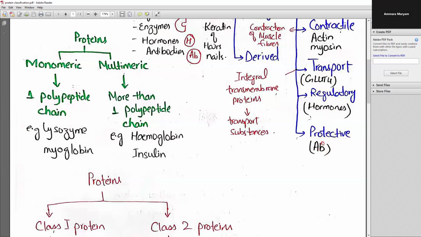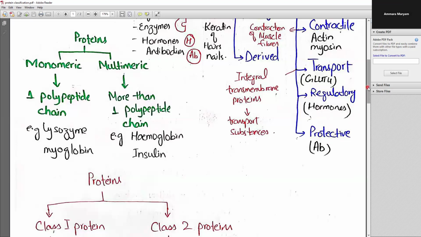These antibodies help in killing the foreign substances that invade our body, like viruses and bacteria. Such proteins are categorized under the defense proteins. Similarly, we have storage proteins, etc.